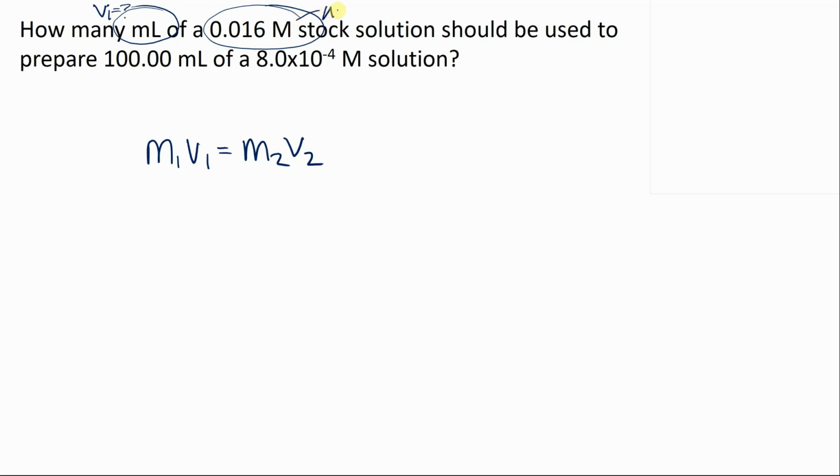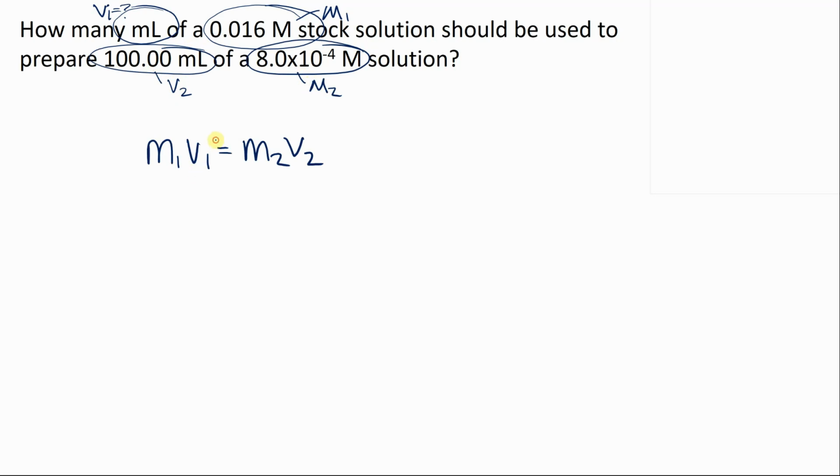This concentration, I'm going to label it as M1, goes with that first volume. They're associated. There's a second set of conditions after the dilution has been performed, where we have another volume. This is what it's been diluted to, and another concentration. The most common mistakes in doing these types of problems is mixing up which volume and which concentration go together.